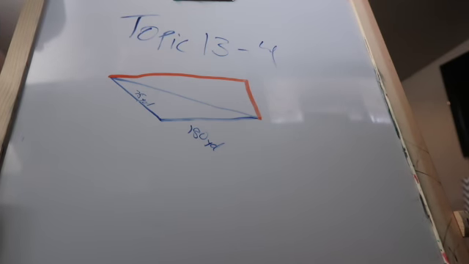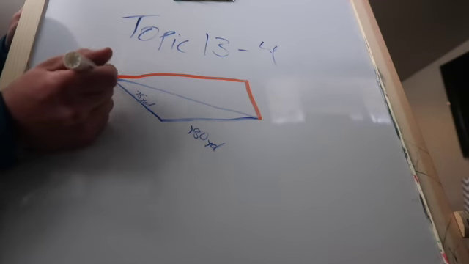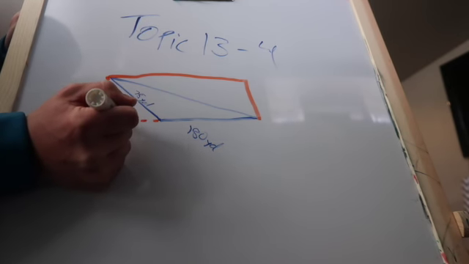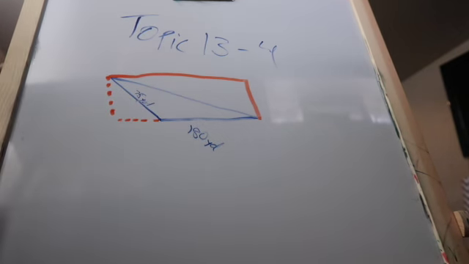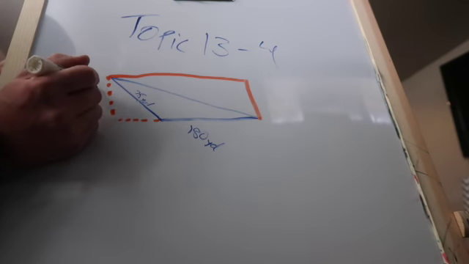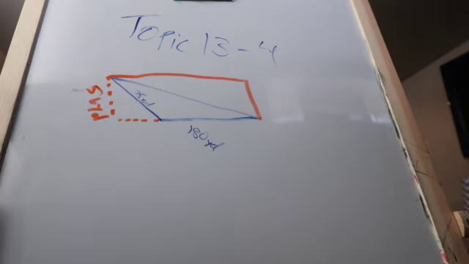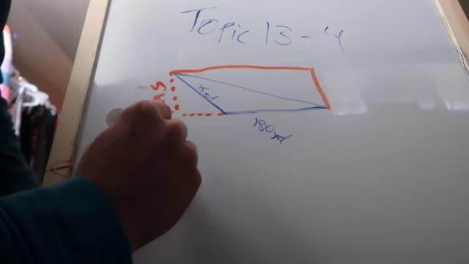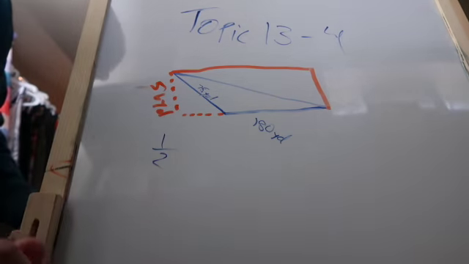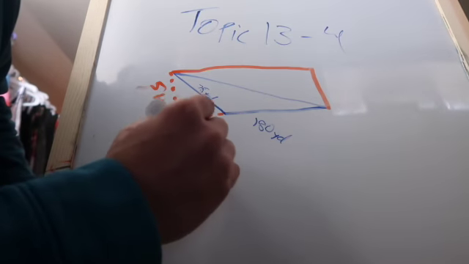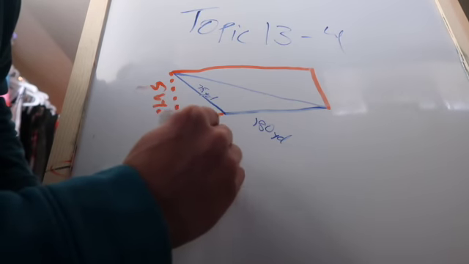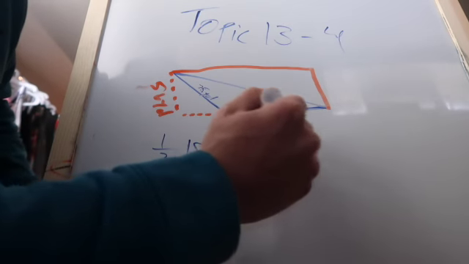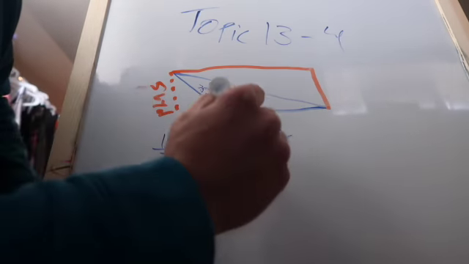We also know the distance here is going to be 56 yards. So now we have 1/2 of 180 times the 56, because we have the base here, and this is how we find the height.